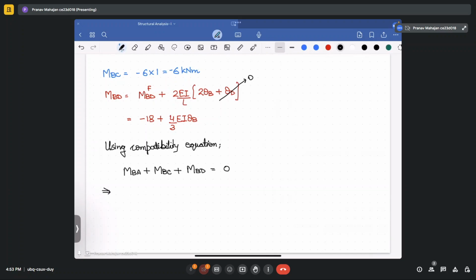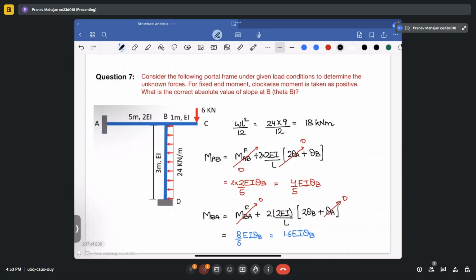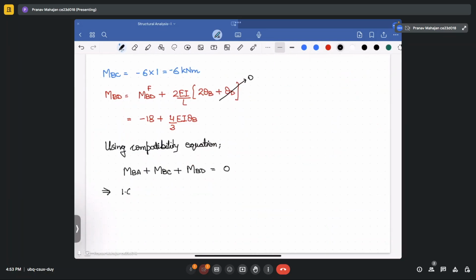You have only one unknown here, theta B, which can be calculated. What we have calculated is 1.6 EI theta B, BC is minus 6, then minus 18 plus 4 by 3 EI theta B equal to 0.